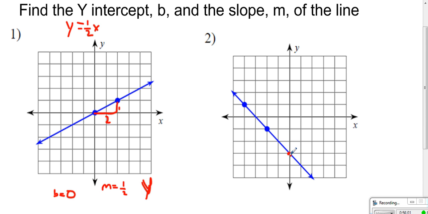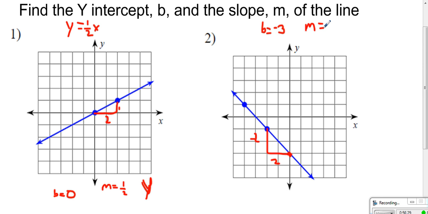So right here is your y-intercept. So I'm going to put that b up top, and that is -3. And the slope, just going to figure it out like this. I could have used these two. It's the same thing. 1, 2. 2 down is -2. 2 across to the right is positive.